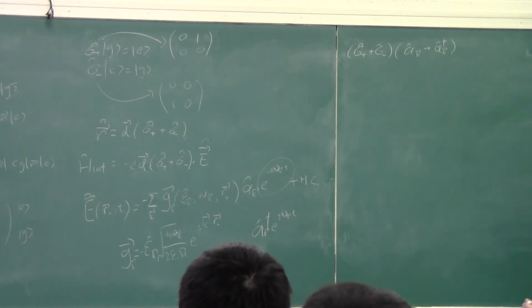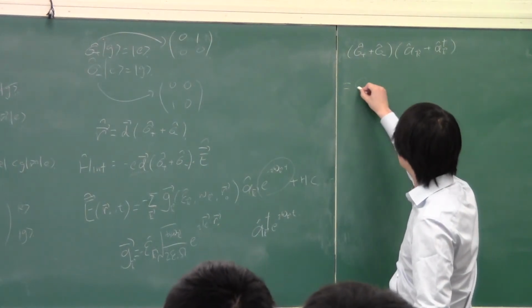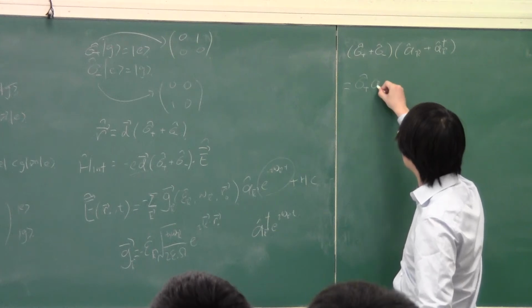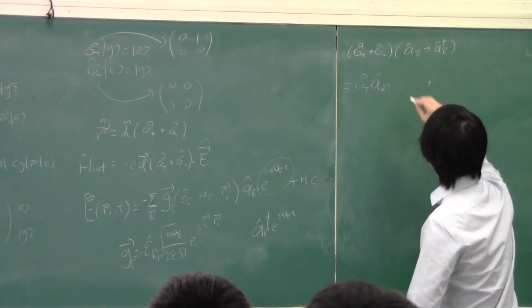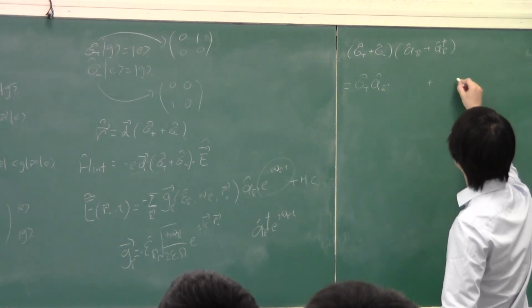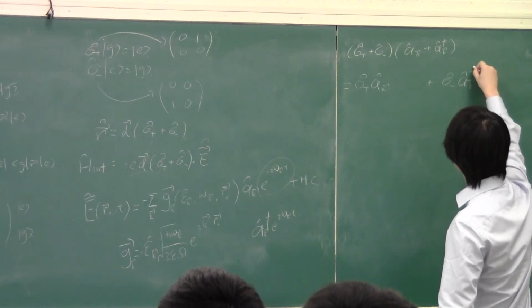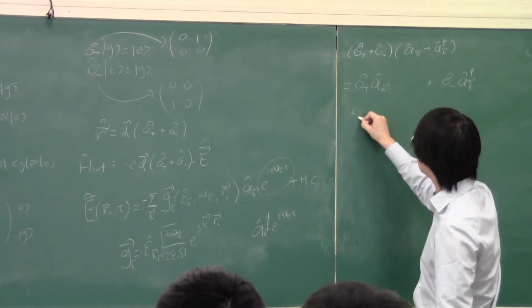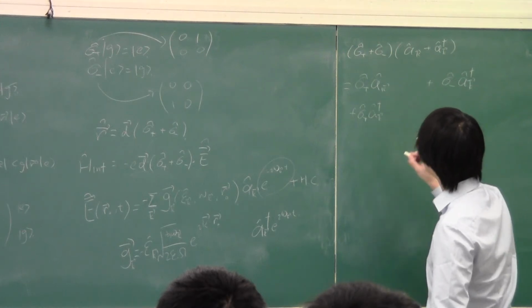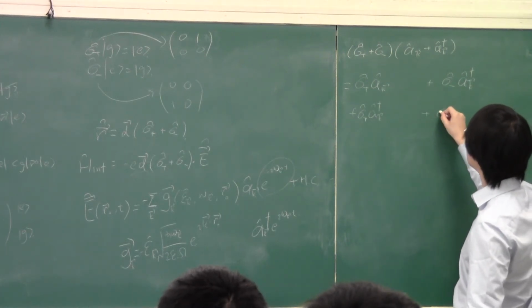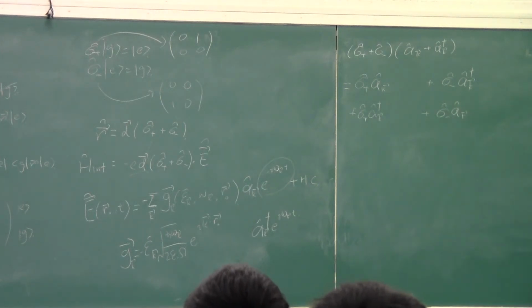When I expand this, I will have sigma plus k plus sigma minus k, and we're going to have 4 terms.